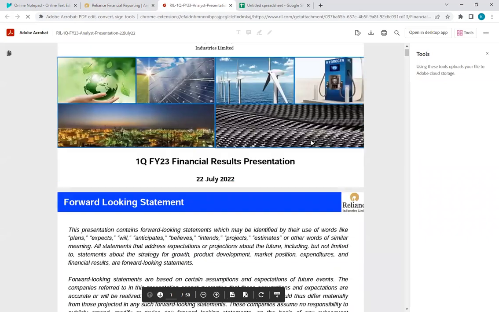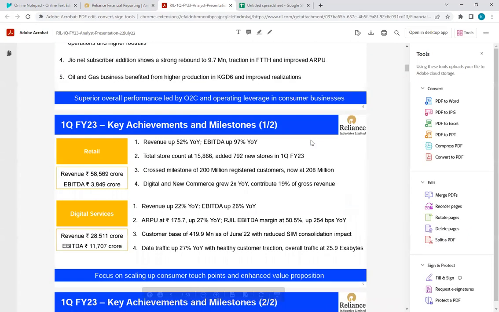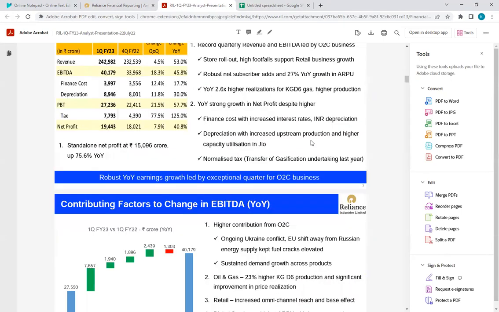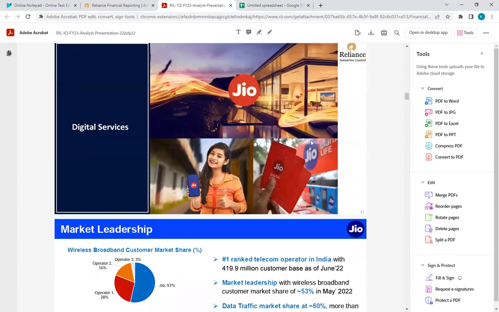Okay, it opened. So now let me move down to the page where I can see the balance sheet information.